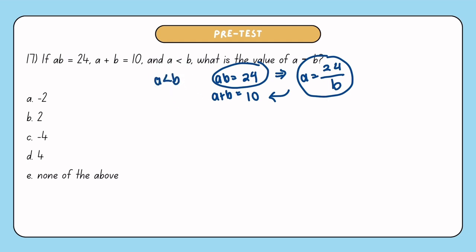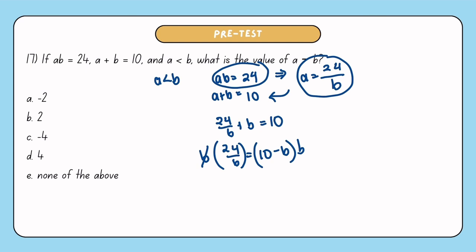Lagay ko muna rito to give us A or 24 over B plus B equals 10. Ngayon, mas madali na natin masasolve yung value ni B. So, imove natin tong B sa other side to get 24 over B equals 10 minus B. And then, i-multiply natin yung B sa both sides para mag-cancel itong B here, leaving us with 24 equals distributing B, 10B minus B squared.